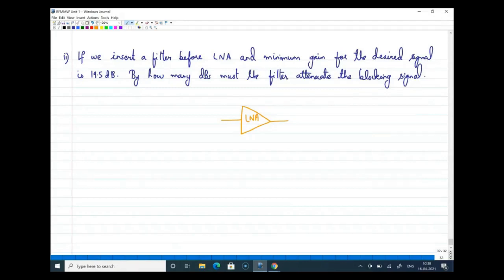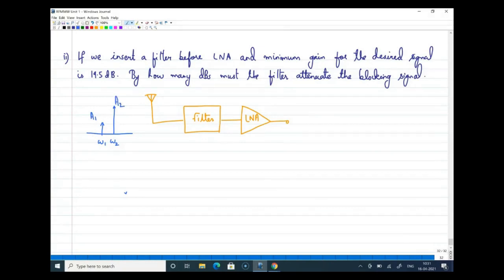Right now, before LNA, we have a filter, and the input is reaching the filter through this antenna. This is how the receiver front end will look now. Signals appearing at the antenna are, as mentioned before, at omega 1 and omega 2 with amplitudes A1 and A2.